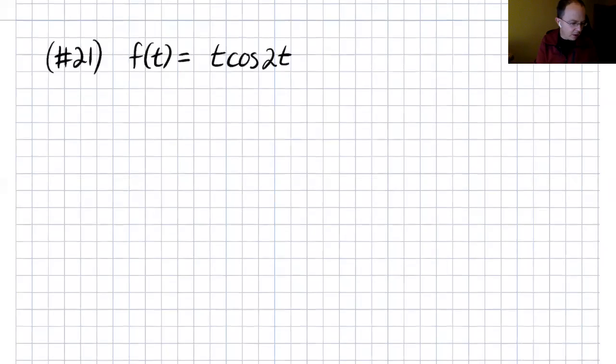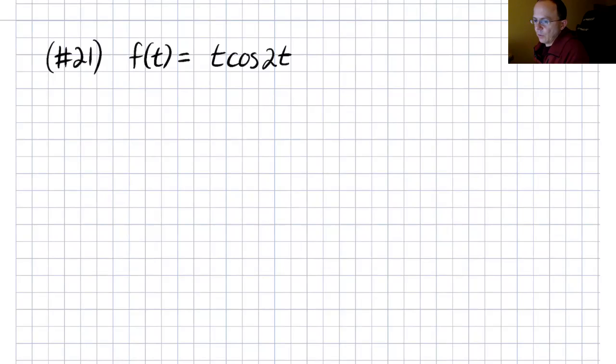Okay, so I believe I have a note about this one. So this one actually is going to require a preliminary integration by parts in order to compute its Laplace transform. Now, there is a rule here that involves t times a function, and it gives us a rule for getting its Laplace transform.